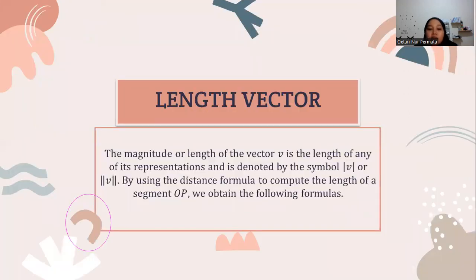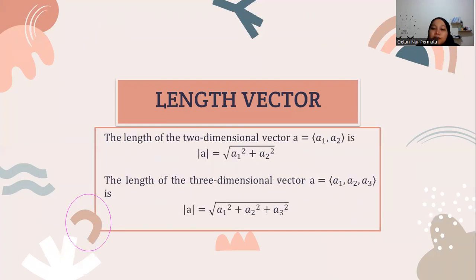Length of a vector. The magnitude or length of the vector a is the length of any of its representations and is denoted by the symbol |a|. By using the distance formula to compute the length of a segment OP, we obtain the following formulas.